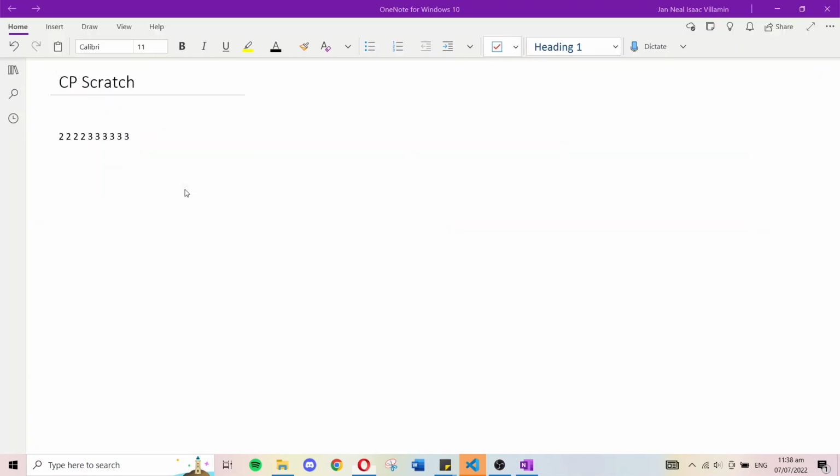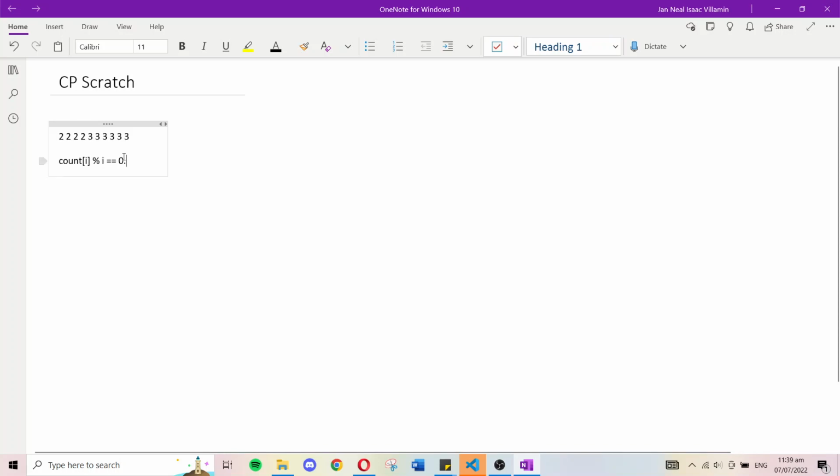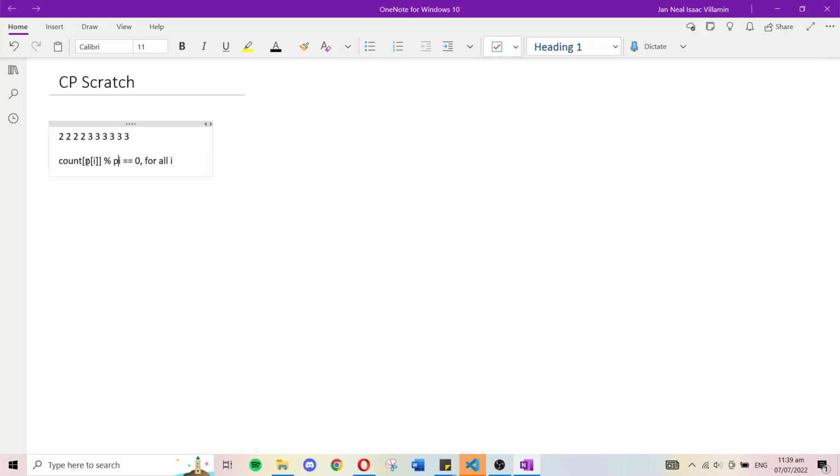So the actual condition is to check whether the count of I is divisible by I. And that's the condition. So meaning, for all i, the count of p_i is divisible by p_i.